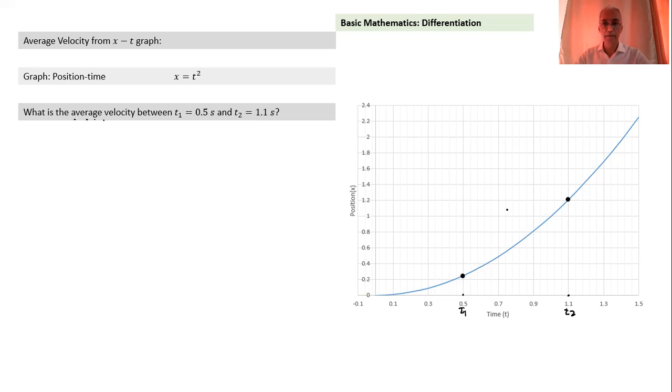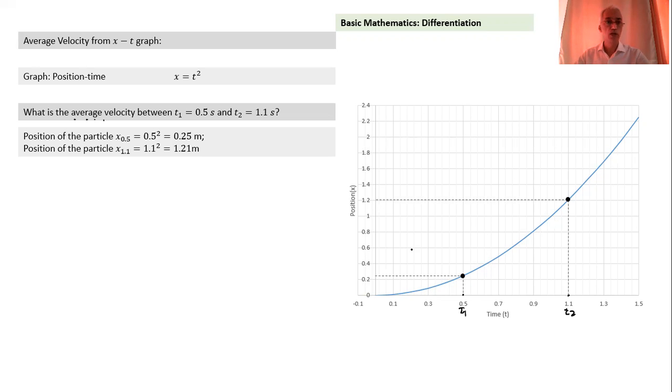Once we identify the point on the graph, we can find the corresponding value displayed on the y-axis. What does this particular point indicate? From here, we find the y coordinate corresponding to this point. Since we are talking about t1, equal to 0.5 second, on the y-axis we have the x coordinate.